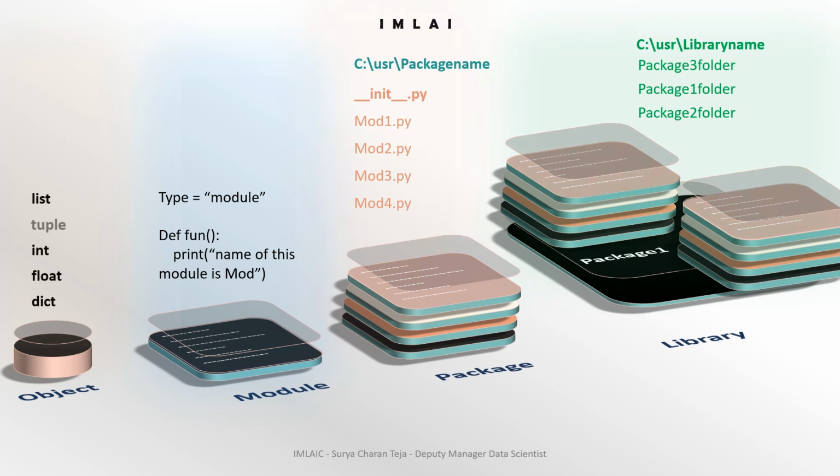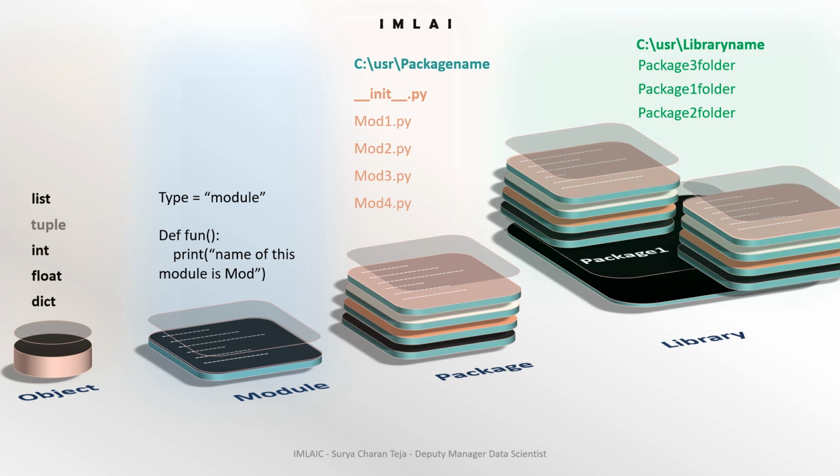And a library is nothing but a general library which consists of plenty of books inside it. So this is how we can take analogy from a general or a spoken language. Your object is equivalent to alphabet, your module is similar to your page, and then your package is similar to a book, because a package will have a specific folder and a book will have a specific name.